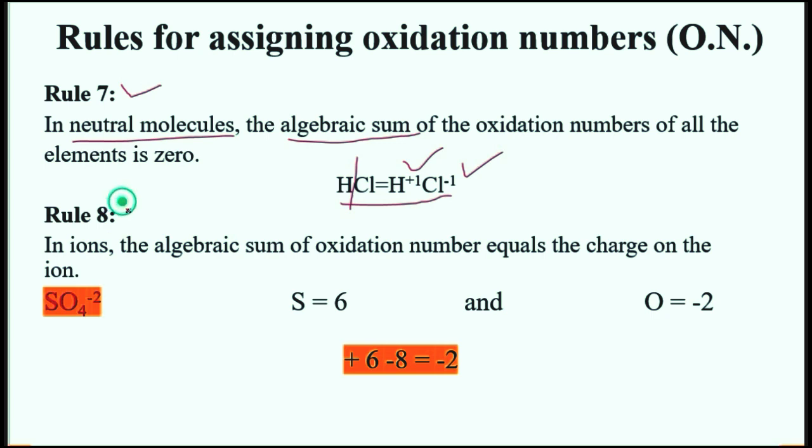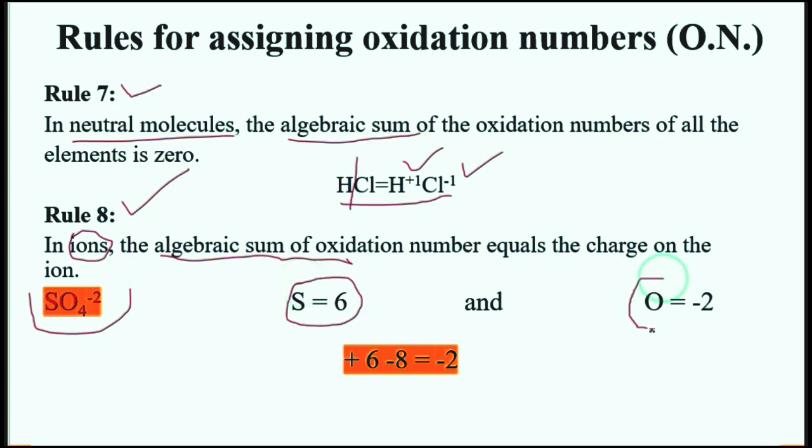Rule number 8 is related to the ion. It means the algebraic sum of the oxidation numbers is equal to the charge on the ion. Let's see the sulfate ion, SO4 2-. The oxidation number of sulfur is +6 and the oxidation number of oxygen is -2.